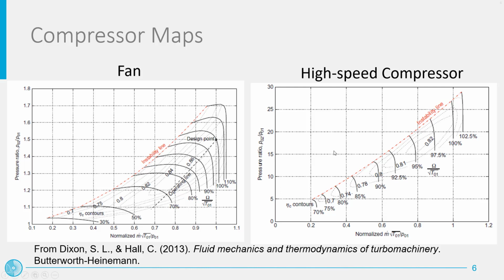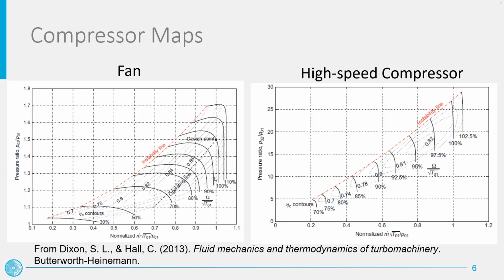Instead, the chart on the other side of the slide shows a performance map for a high-speed multi-stage axial compressor. Both figures also show contours of the isentropic efficiency over the compressor operating envelope. As expected, the compression efficiency decreases as we move farther away from the design point of the compressor.